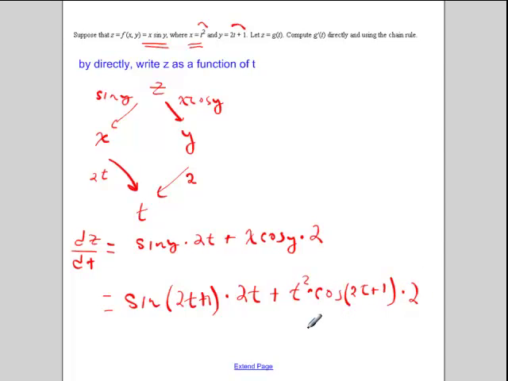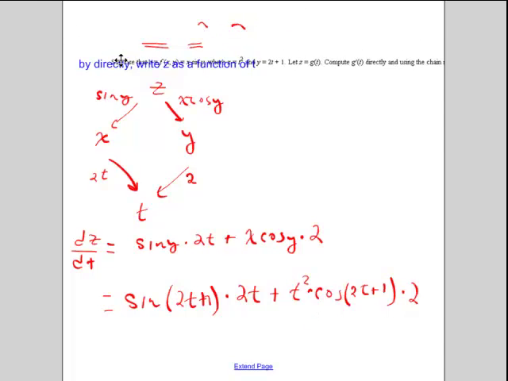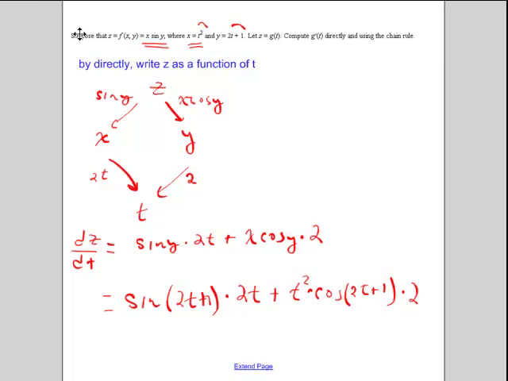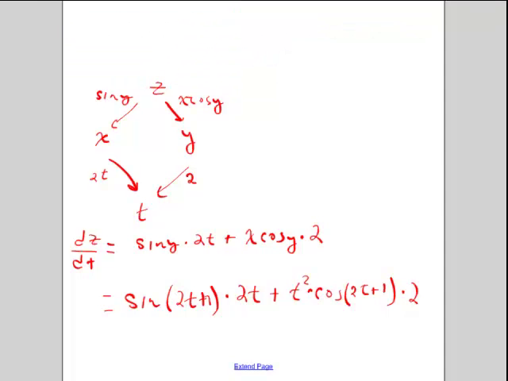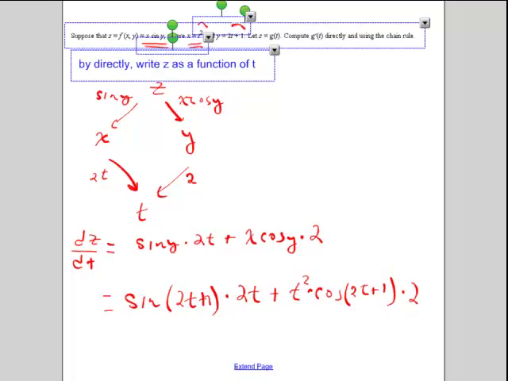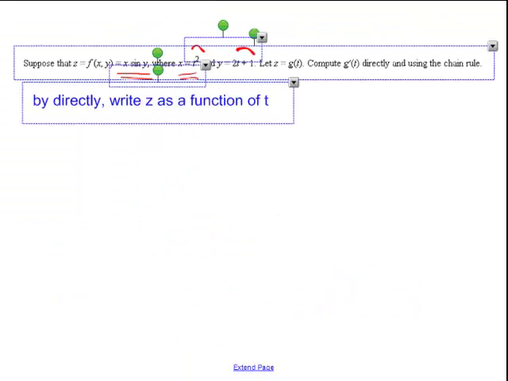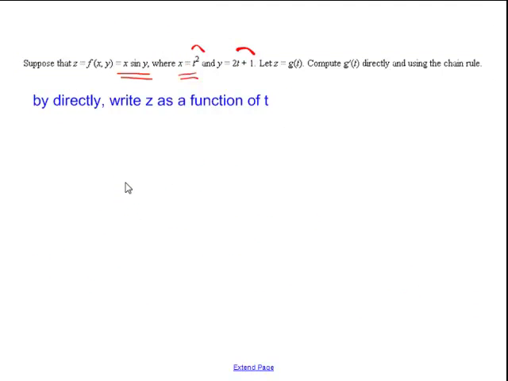Now, let's look at another way of finding this, and I'm going to put this on another page here. What we could do is just substitute x and y right away and get z as a function of time.